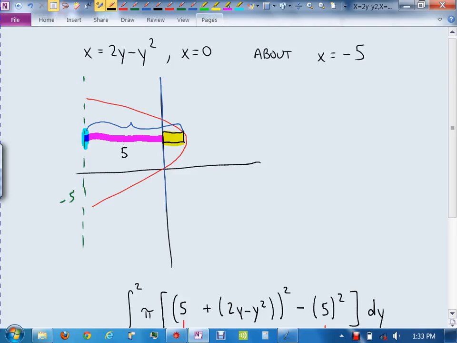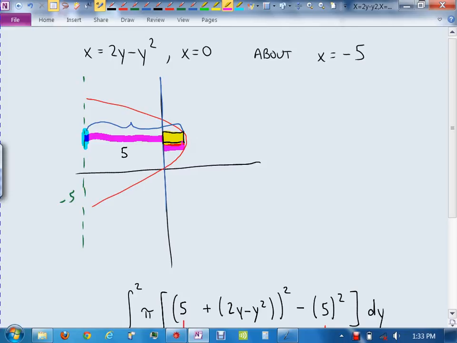And then I have to tack on the rectangle itself. And the width of this rectangle depends on where I am. Like if I move this thing down, it's not 1 wide anymore, is it? The width of this rectangle depends on where I am.